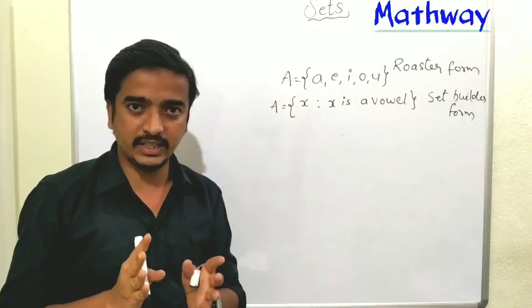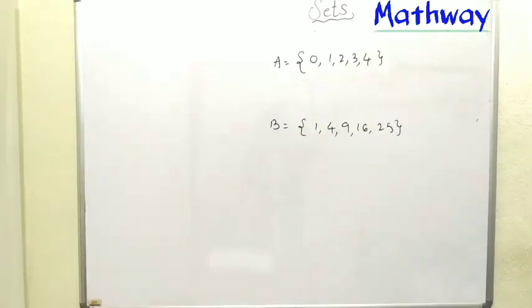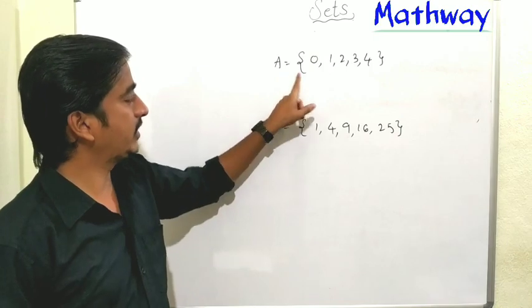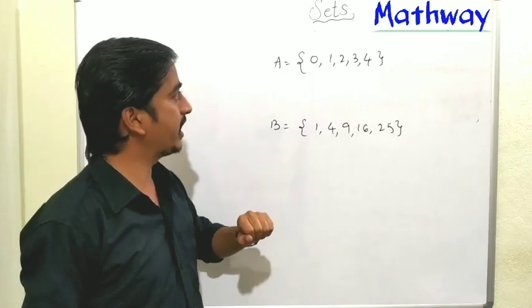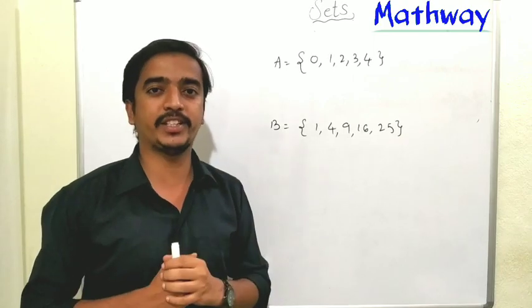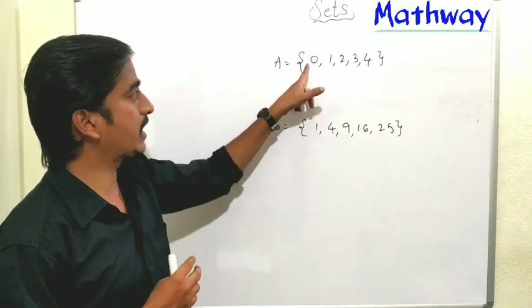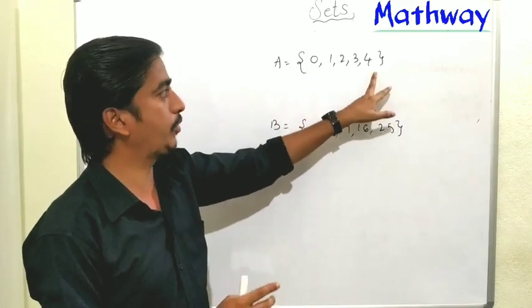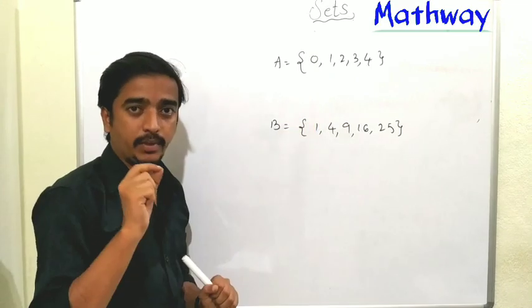Let us take some examples of how to convert roster form to set builder form. In the first set, the elements are 0, 1, 2, 3, 4. What is the common property of these numbers? We can say that these are whole numbers, because it starts from 0 and continuously goes up to 4. Let's see how to write this in set builder form.